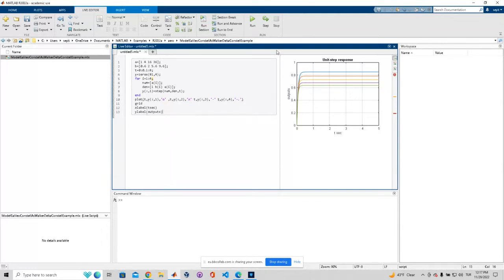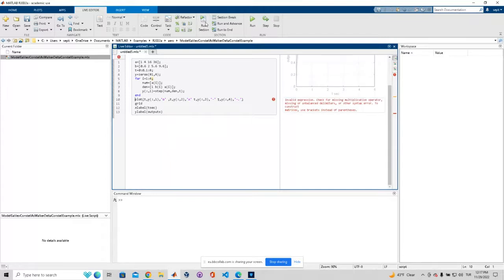All right. So now let's run this section. Let's see, we missed something here, I guess.